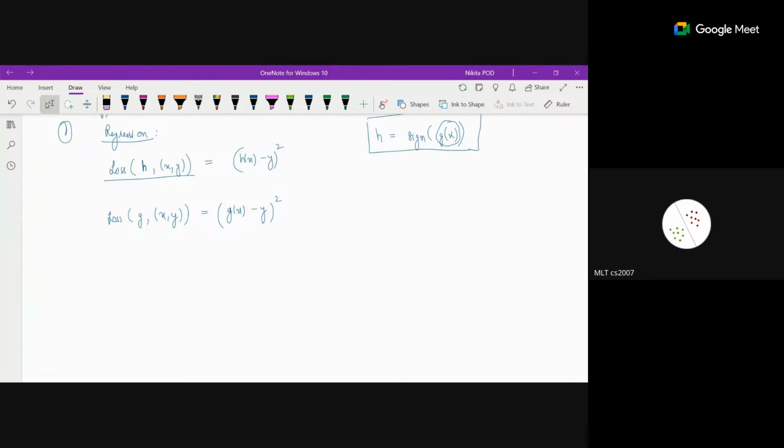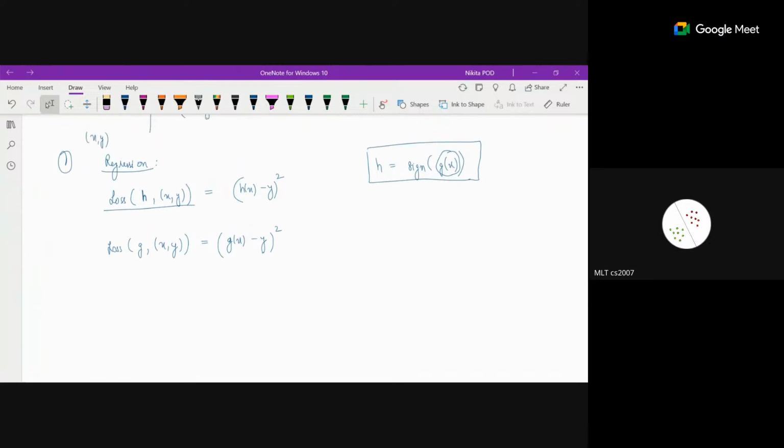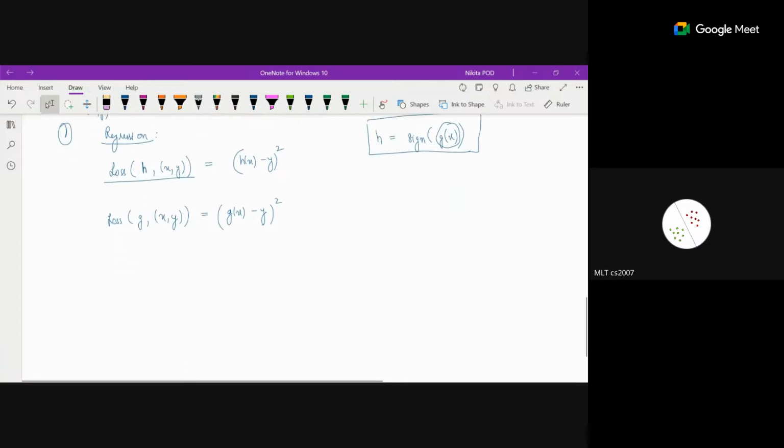But since we are using regression for solving this classification problem, I know that this y does not belong to the real numbers. Here y belongs to plus minus 1. So since my y only belongs to plus minus 1, g of x minus y whole square can also be written as g of x times y minus 1 whole square.